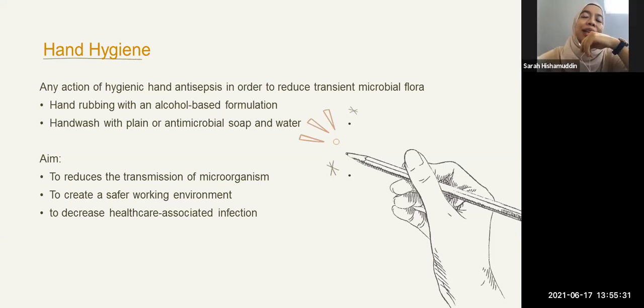Okay, so basically, hand wash is used if we can see visibly soiled hands, so we want to wash it away. Hand rub we can usually use if our hands are not visibly soiled, but we want to sanitize, to clean the hand.